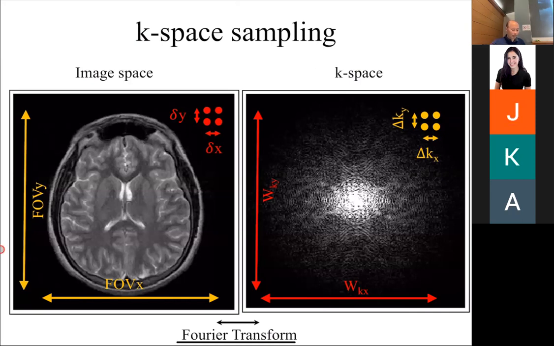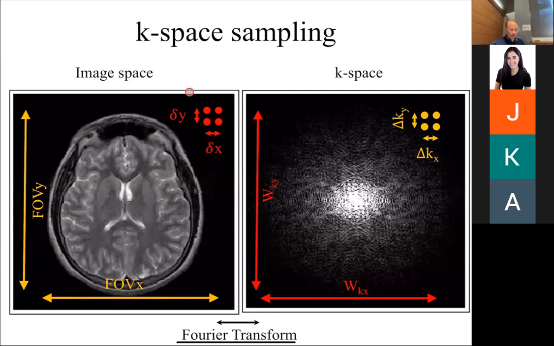The main thing that happens when you go to an MRI exam is you need to specify the field of view, how large is the object, and you need to specify the resolution, what you want your voxel or pixel size to be. So those are 4 different parameters that you would definitely want to specify at every MRI exam. And that leads to 4 different parameters on the Fourier side.